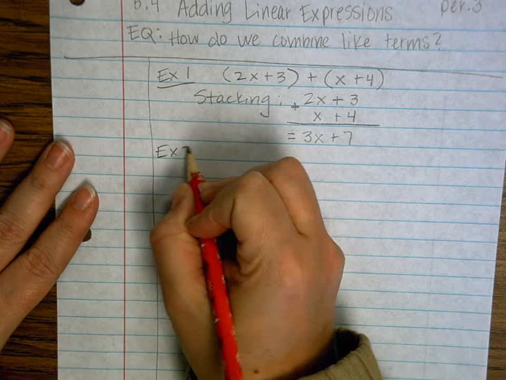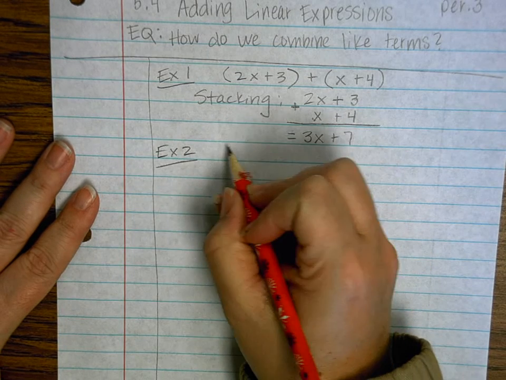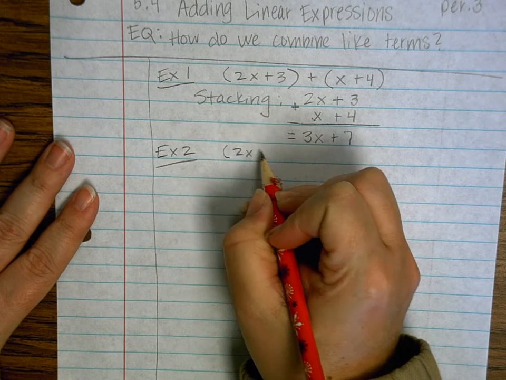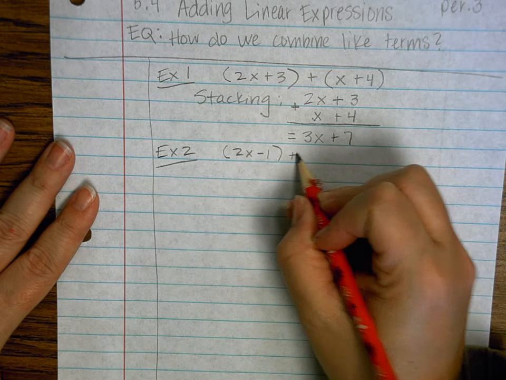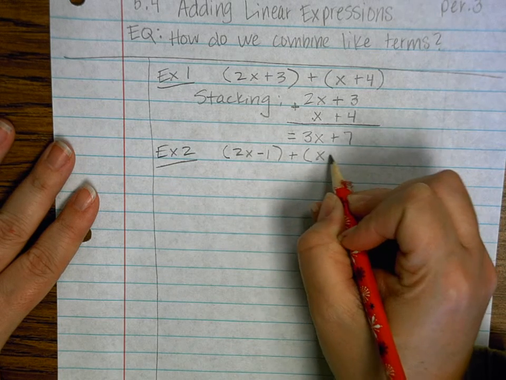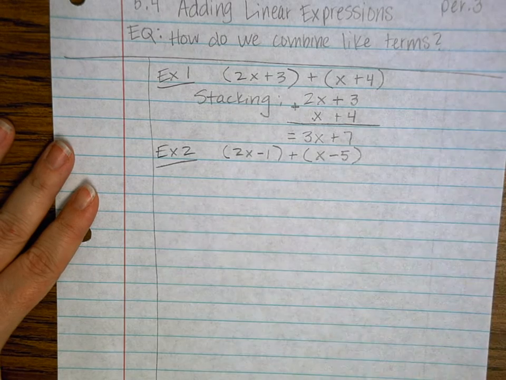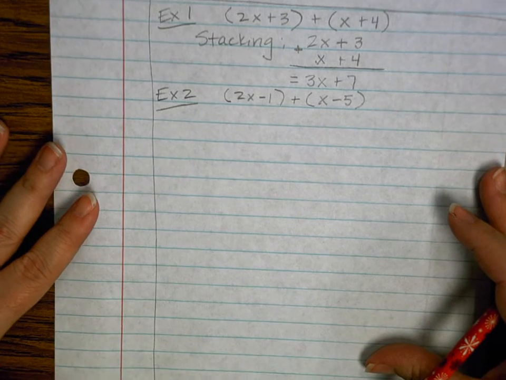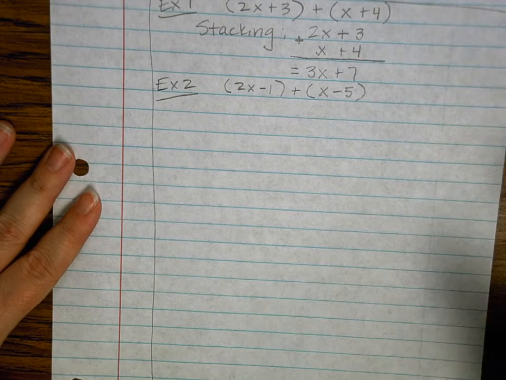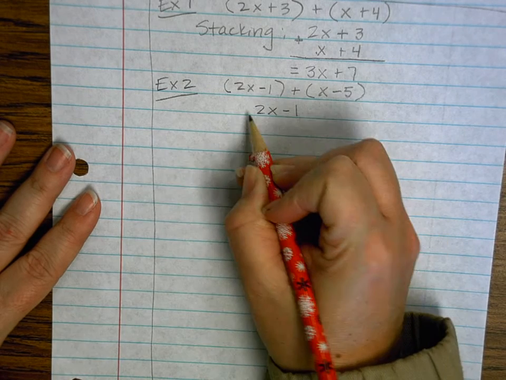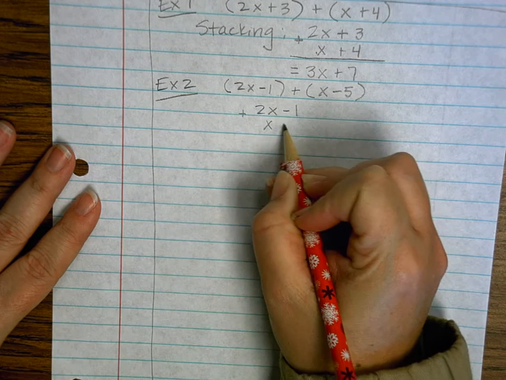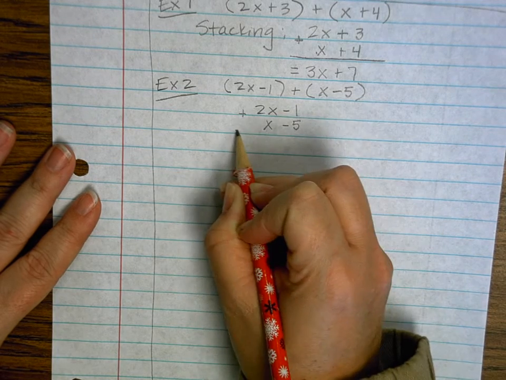Example 2. So this one will be 2x minus 1 in the first set of parentheses plus an x minus 5 in the second set of parentheses. So I'm going to stack them again. So I have 2x minus 1 plus x minus 5.